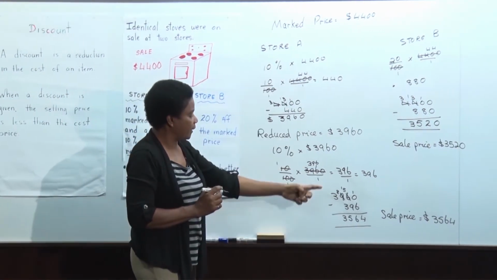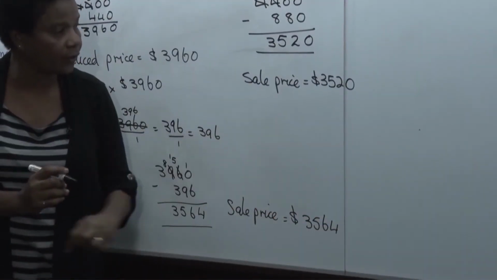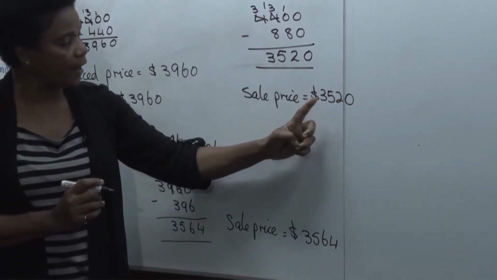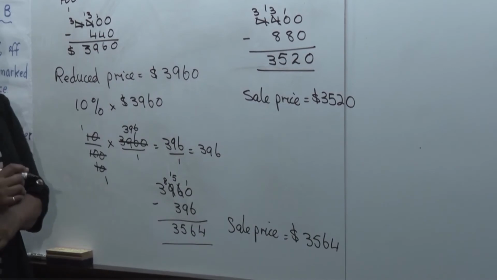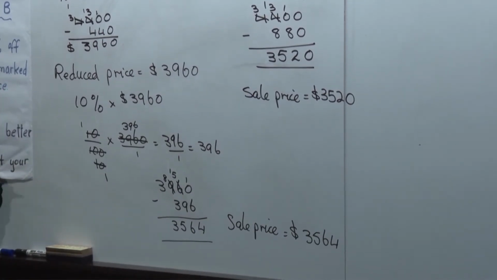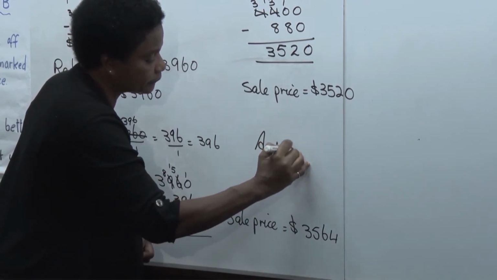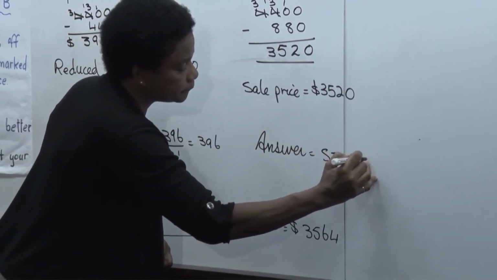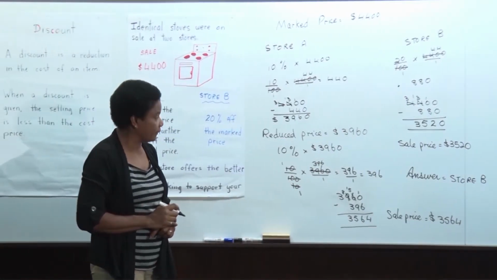So let's compare. The question asks, which store offers the better deal? At store A, the sale price is $3,564. And at store B, the sale price is $3,520. So what's the answer to my question? Which store gives the better deal? Of course, store B. Our answer, store B. Now, answer my question.